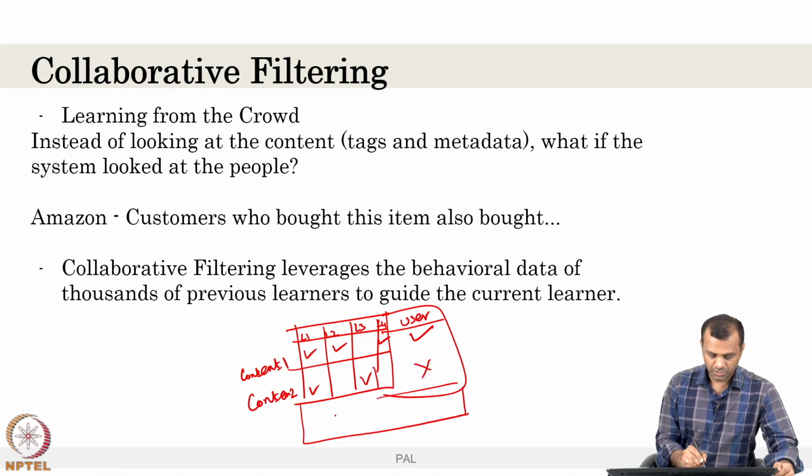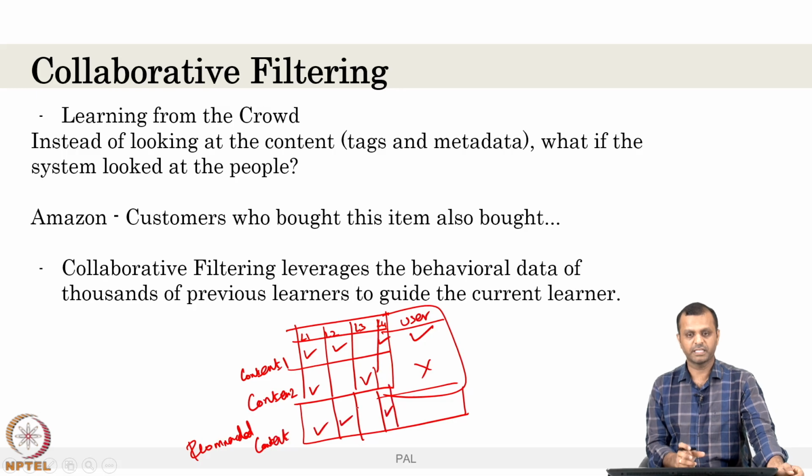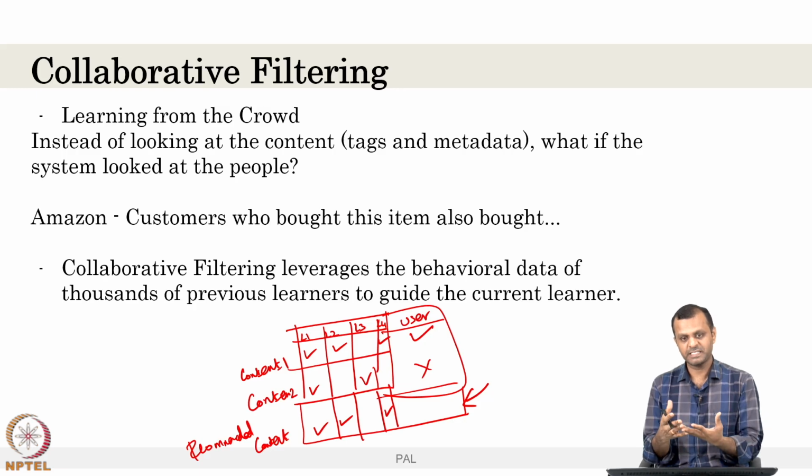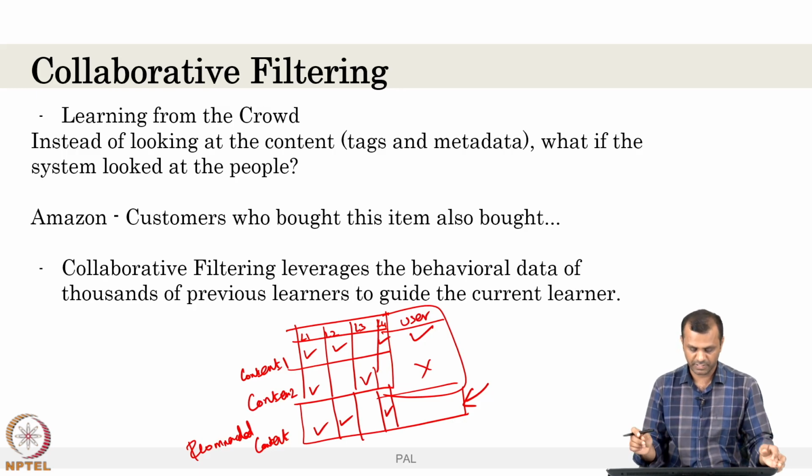So the system will try to match the content which has either of these things, and this is the recommended content. Based on your liking and your performance, it can recommend the content. That is content based filtering.